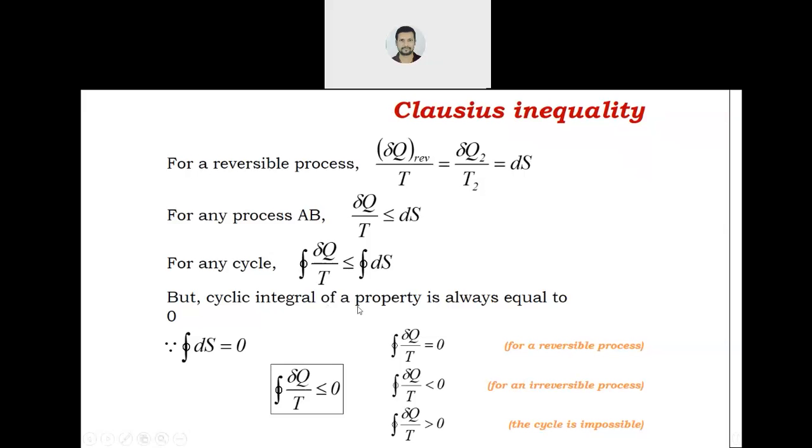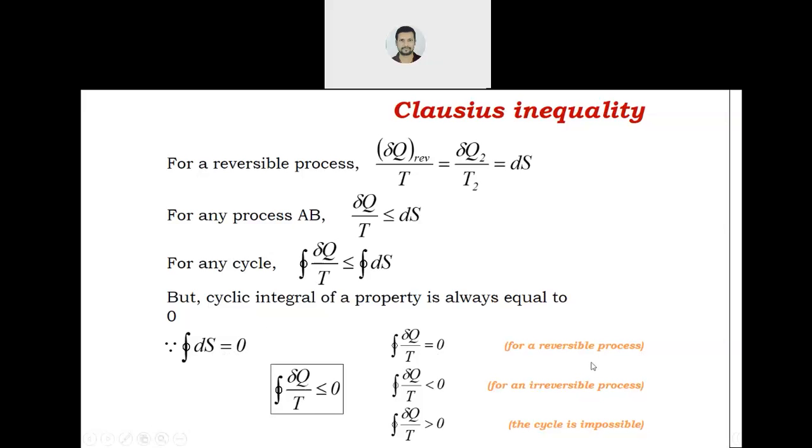The cyclic integral of a property is equal to 0, and ds is nothing but a property. Entropy, ds is the change in entropy, and entropy is a property, I already told you. So for a cyclic process this will be equal to 0. Put this here, in place of ds put the 0.